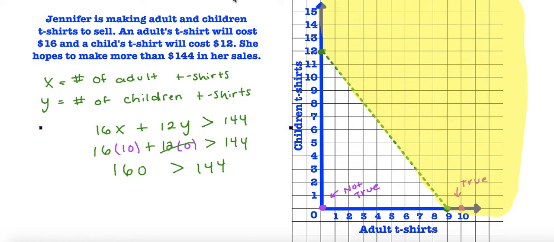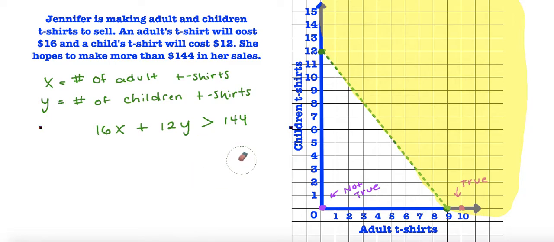So all the coordinates on this side should make this inequality true. So for example, if I pick the coordinate (10, 5), because this is highlighted, the cost should be greater than 144.